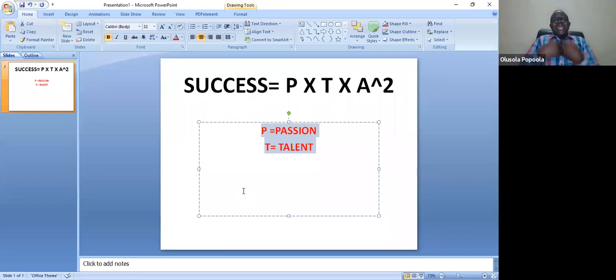What is that talent that is in you? You can also attribute talent to skill. But if you have a passion and you have a talent, that means you can be passionate about your talent. Now, that talent that you have, you can begin to utilize it.